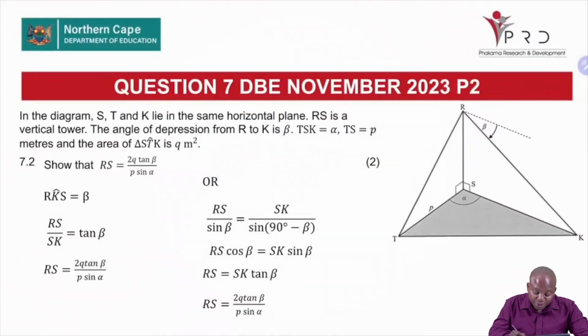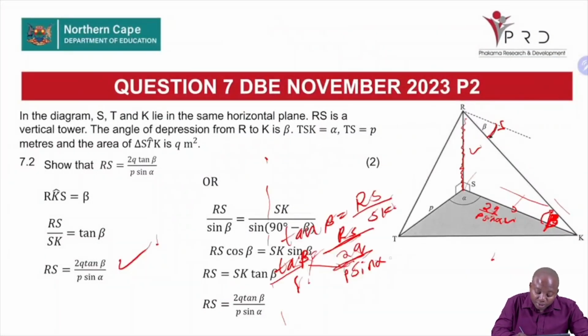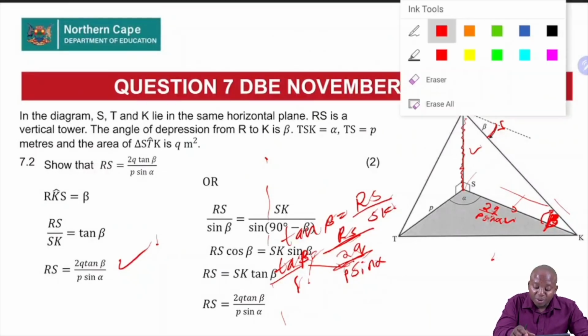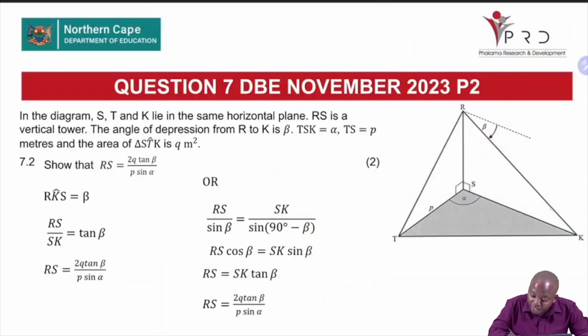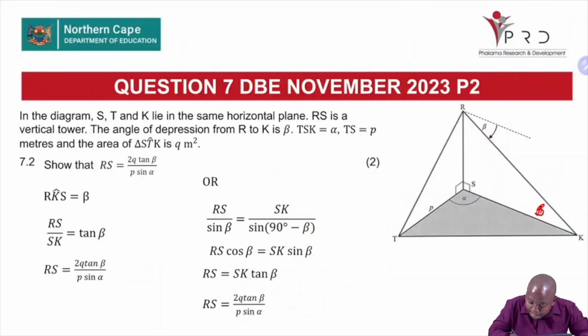Or the second option, we can use the sine rule. When you are using the sine rule in this case, what are we going to do? So we have beta here, and we know that angles in a triangle add up to 180. So this will give us 90 minus beta.